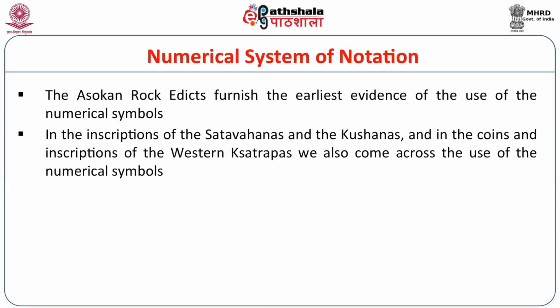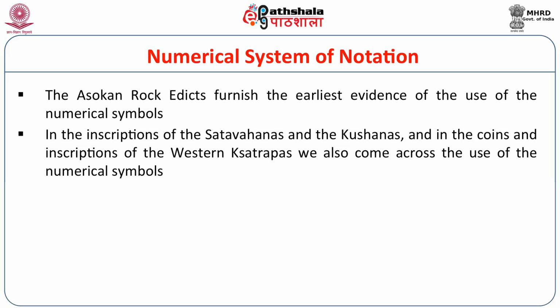Now after the Ashokan rock edicts, in the inscriptions of the Satavahanas and Kushanas, we also find at a number of places the use of this numerical system of notation. Particularly in the Nanaghat cave inscription, there are a number of examples where the numerical system of notation was used. Similarly, in the Kushana inscriptions, we find the use of this system of notation.